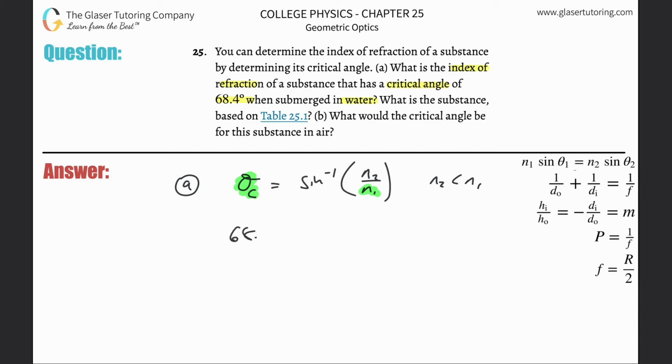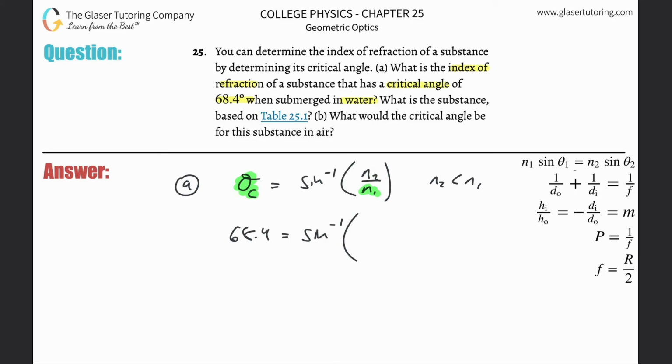So this is 68.4. That's equal to then the inverse sine of N2. Well, what is N2? N2 does not correlate with the critical angle. Essentially, what I'm trying to say is that the water in the problem is N2. In other words, the index of refraction for water is my N2 value.